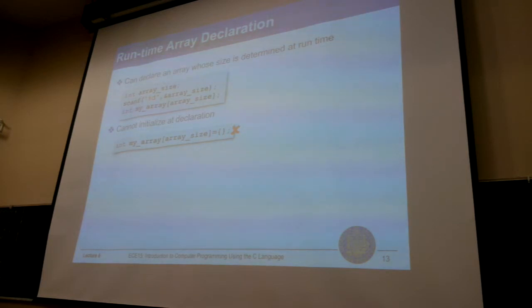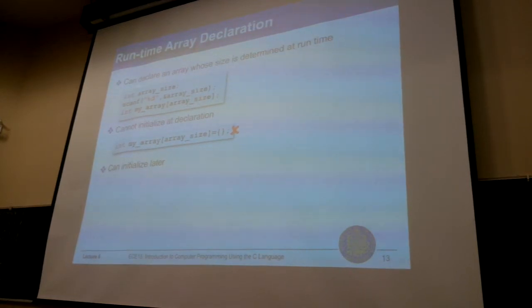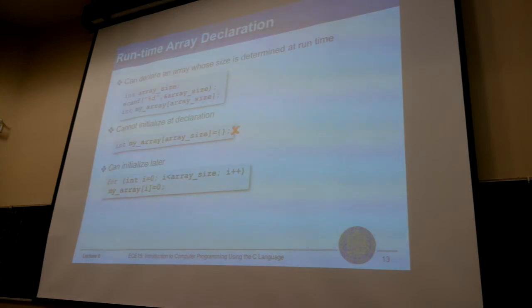So this notation won't work. However, you can initialize the values later. If you are using this type of runtime declaration, a common strategy is after declaration to use a for loop to set the values of the array. Any further questions about the basic syntax of array declaration and assignment?